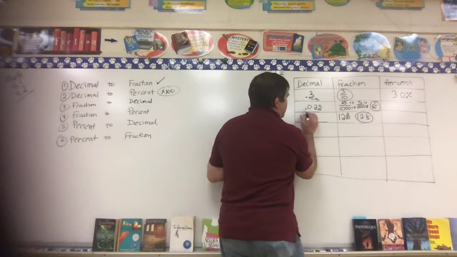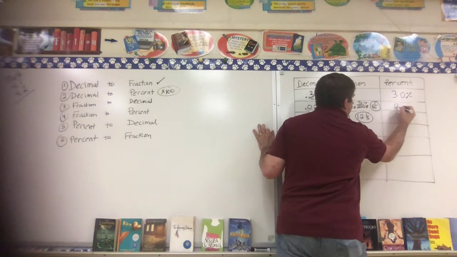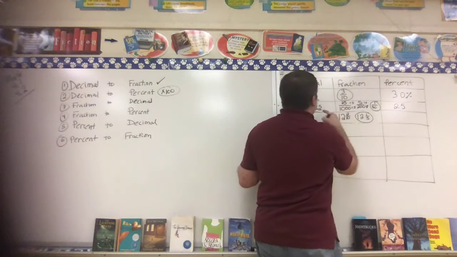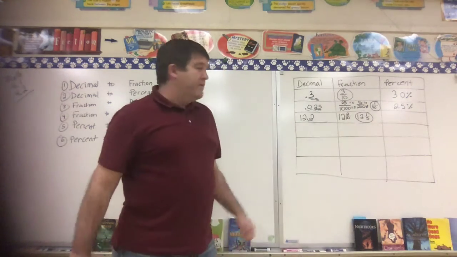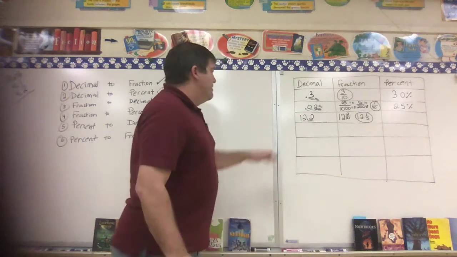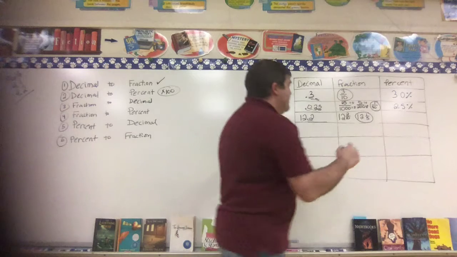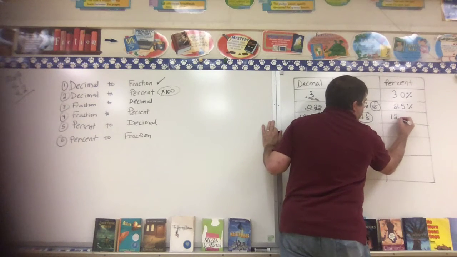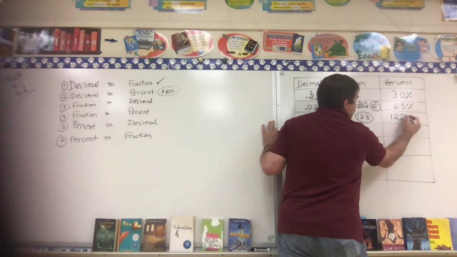So in this one, I go 1, 2, and it gets me 2.5%. If I would times that by 100, it would be the same thing as 2.5. This one, move it over 2 to the right, 12.2. So I put my 12.2 here, and I'm going to move it 1, 2. I need to add a 0 there.